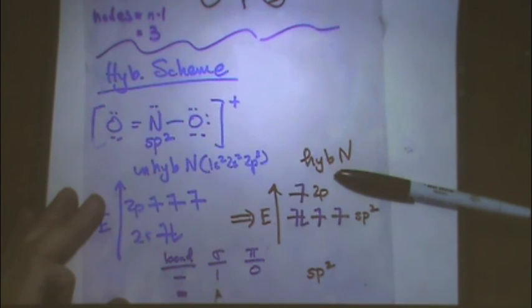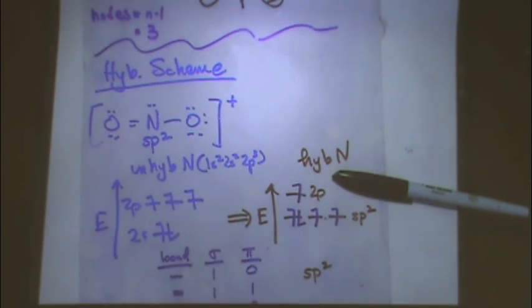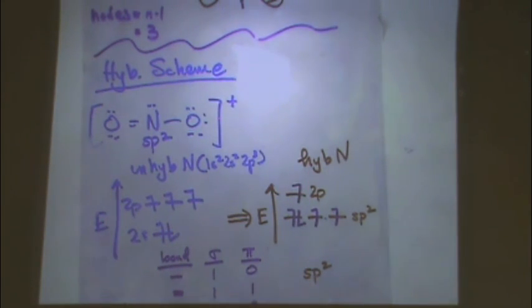Yep. 1. So the first bond of every bond is a sigma. Any additional bonds are pi's. So a double bond has 1 pi, triple bond 2 pi's. I forgot to do one of these, but that's how it works.